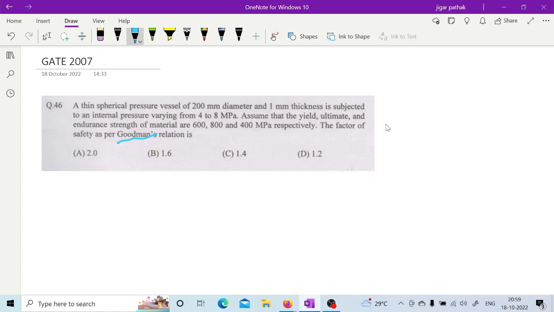So here actually you need to calculate this sigma 1 and sigma 2, right? From this P max and P min, which is given as 8 and 4 megapascal, into R by 2T, and that is the equation PR by 2T. R will be 100, T is 1.